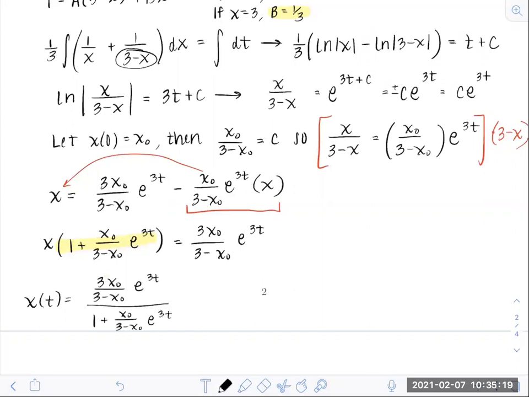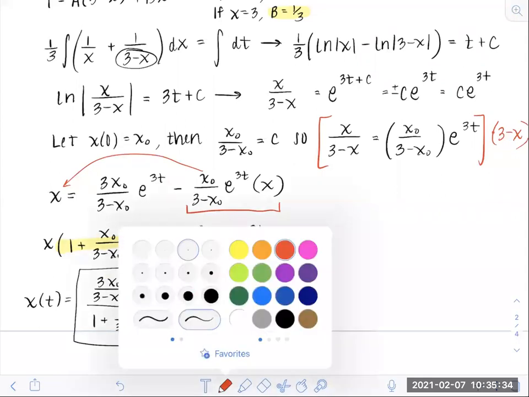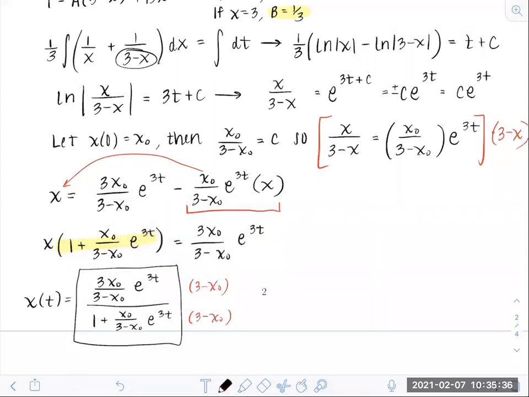I would absolutely give you full credit right here for your answer. If you wanted to simplify, you could multiply the top and bottom by 3 minus X naught just to get rid of those complex fractions. So again, this is an optional step, but it certainly makes your solution look more aesthetically pleasing.